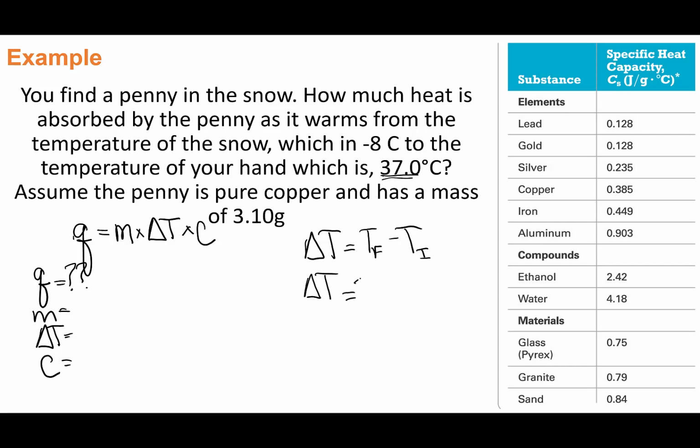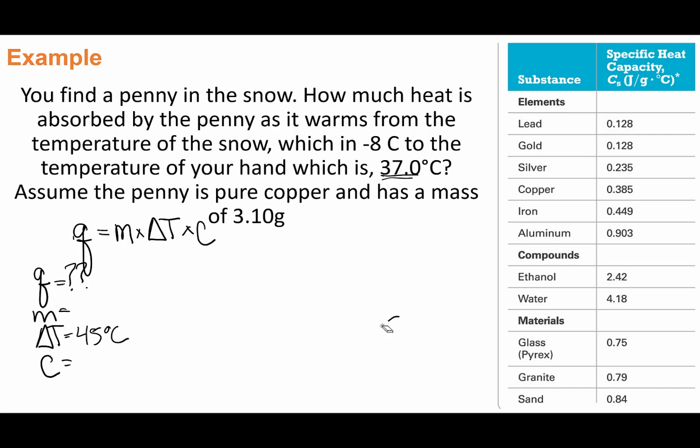Yeah, it warmed up to 37 degrees Celsius. Initial temperature of the penny when we found it in the snow, it was -8 degrees Celsius. So final minus initial, so 37 minus -8. That's our change in temperature.